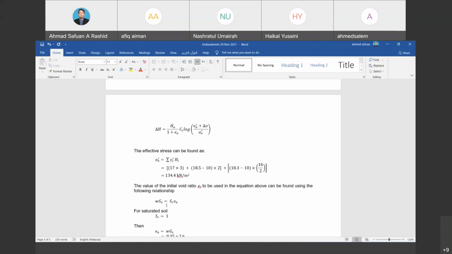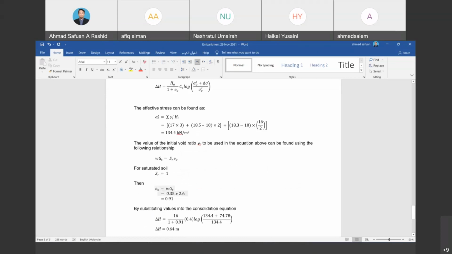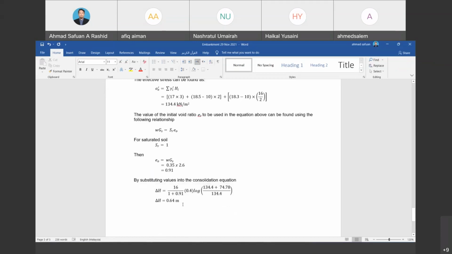Because the soil is under the groundwater level, we assume the degree of saturation, Sr, is equal to 1. From there, e naught is equal to wGs, so it becomes 0.91. By substituting the values into the consolidation equation, the delta H is 0.64 meter. It looks like the value is very high.